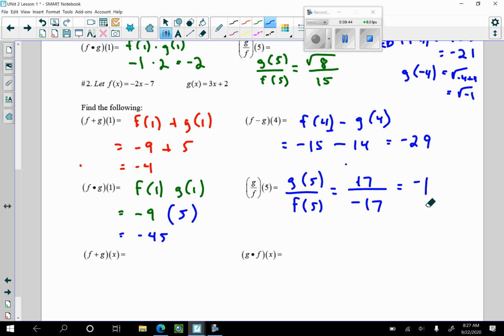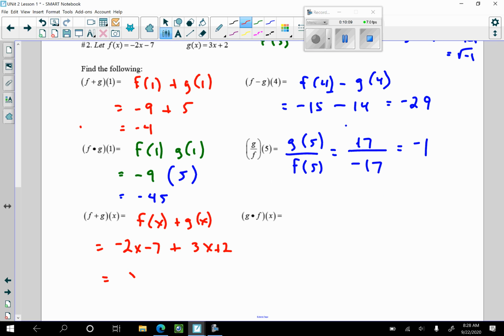So here is something that we've not done yet in this particular example, and this is f plus g of x. So this is simply equal to f of x plus g of x, and we're going to simplify that. So we have f of x is going to be negative 2x minus 7 plus g of x, which is 3x plus 2.